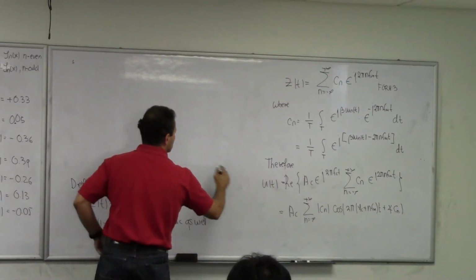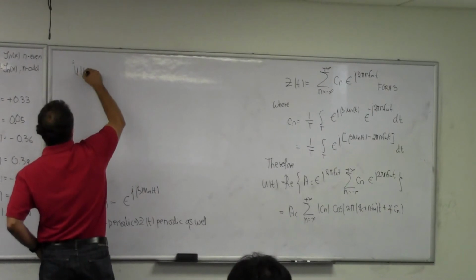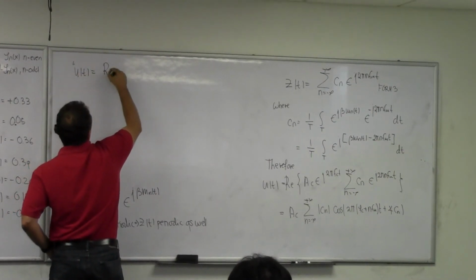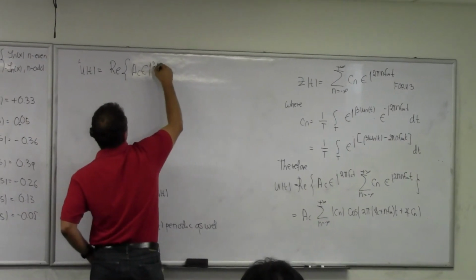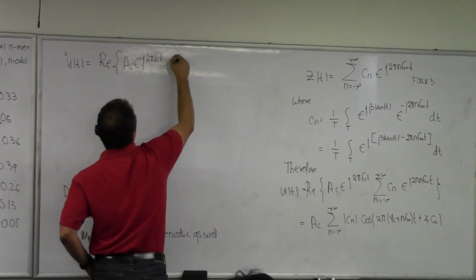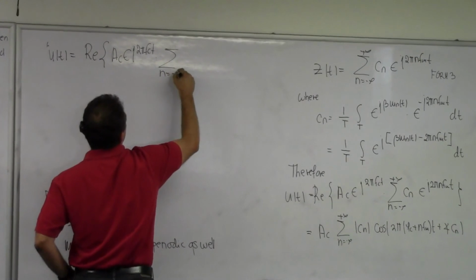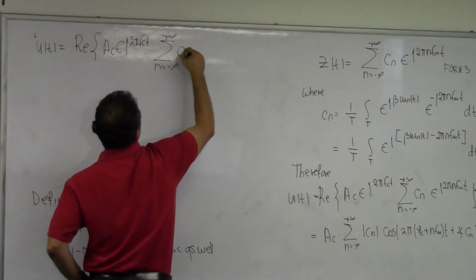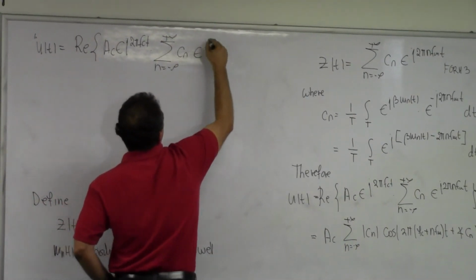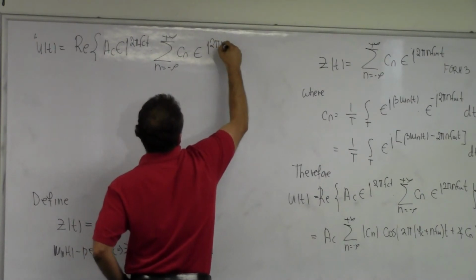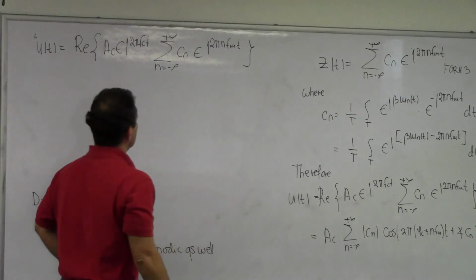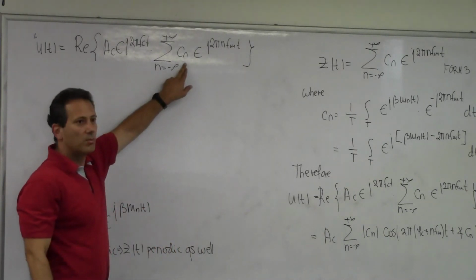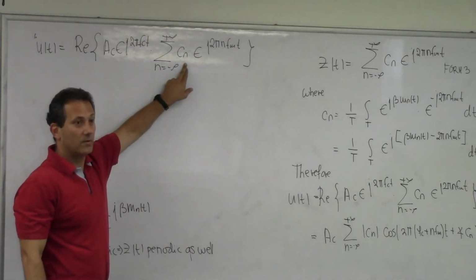So we start with this u of t is equal to the real part of A_C e to the j 2 pi F_c t times the sum when n goes from minus infinity to plus infinity of C_n e to the j 2 pi n F_m t. The first thing you realize is this C_n is a complex number. Therefore, it has a magnitude and phase, right?